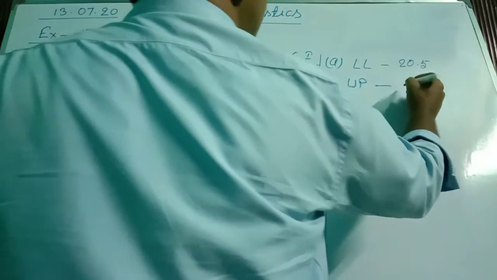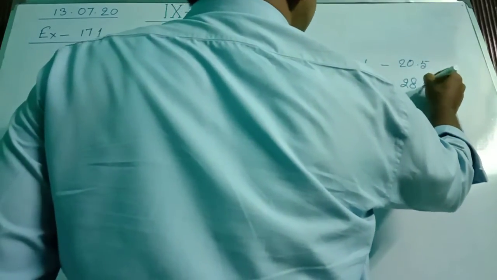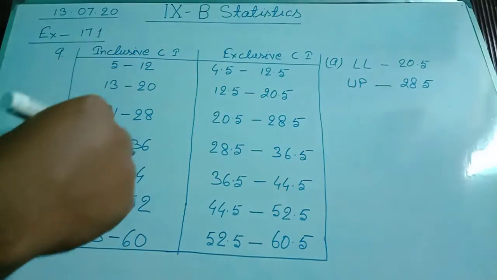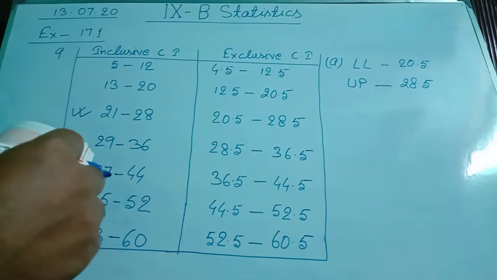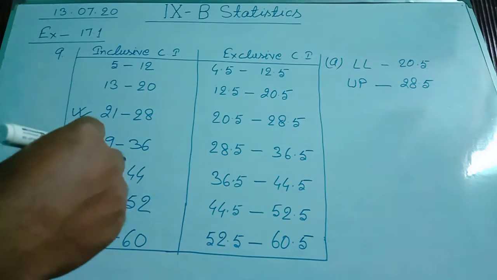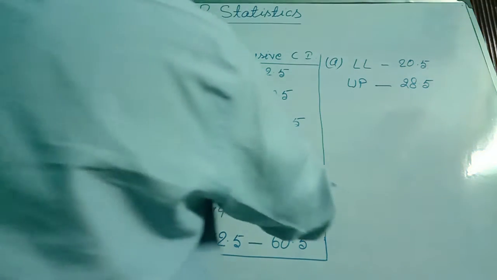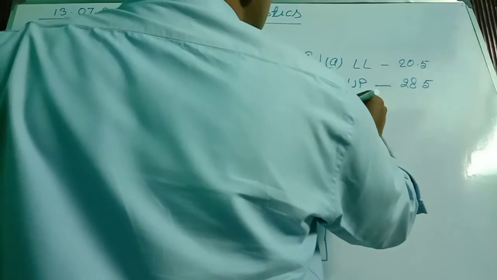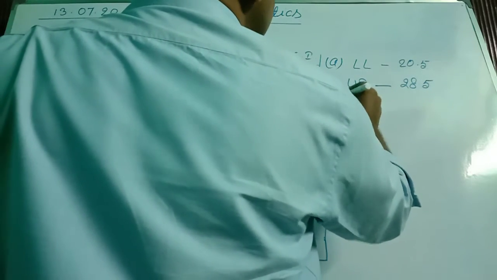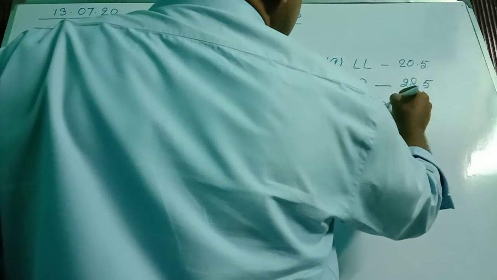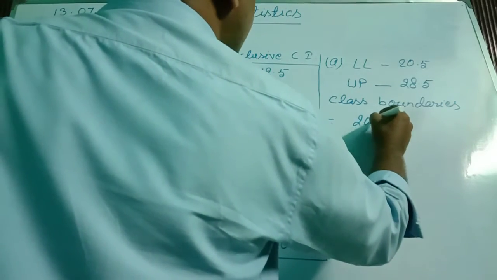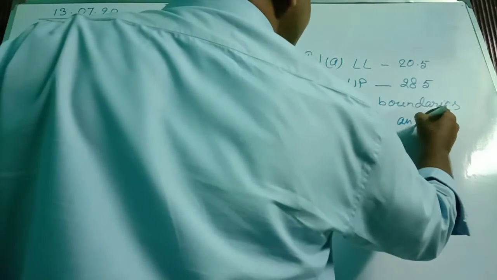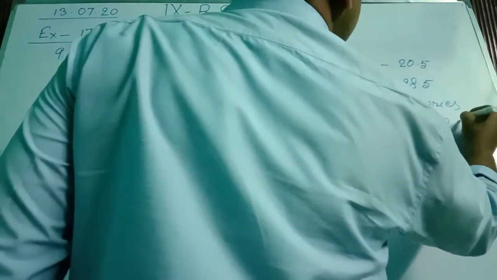Upper limit you will write here as 28.5. And one more question is asked in the same, that is the class boundaries. Class boundaries are 20.5 and 28.5.